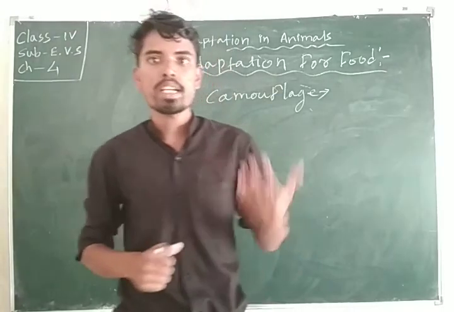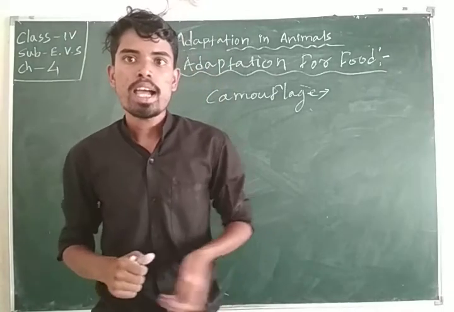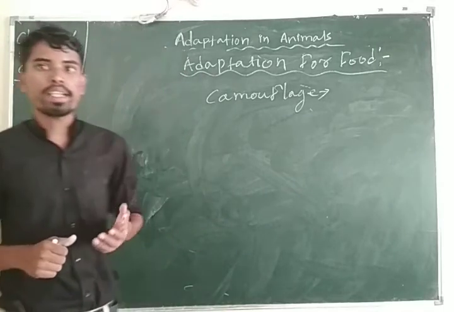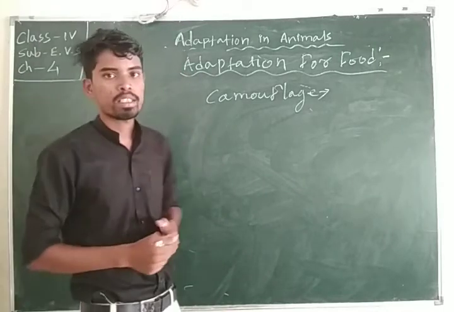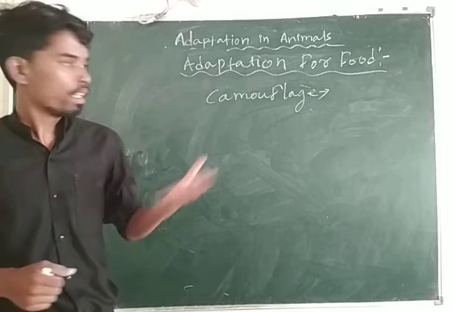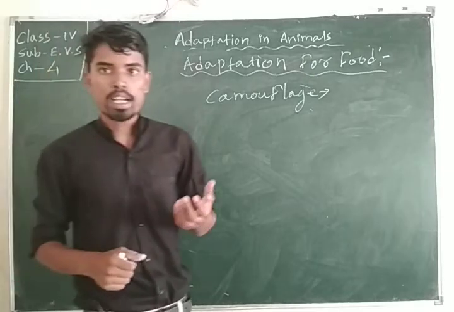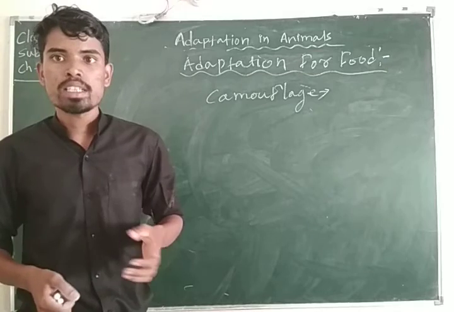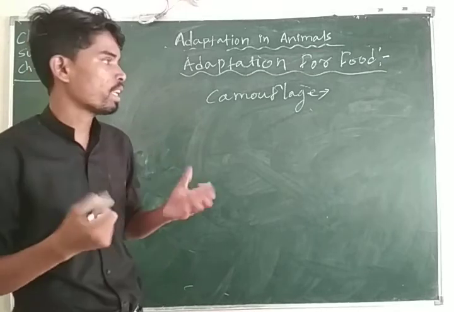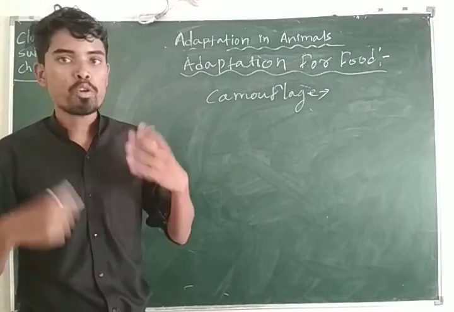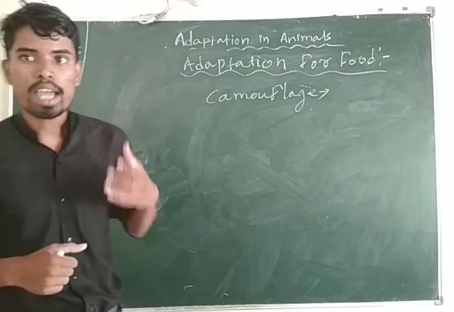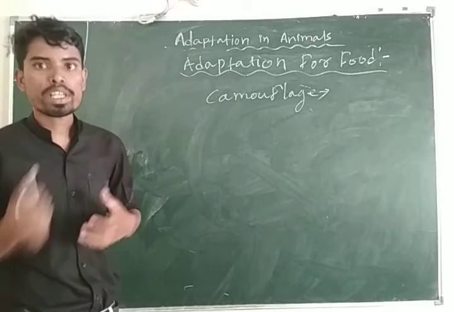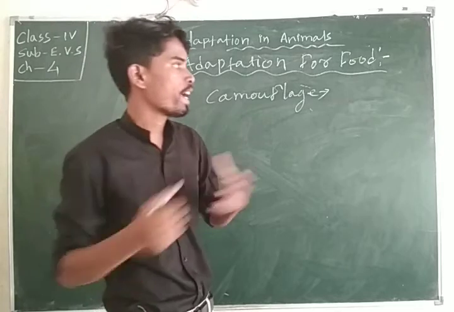For example, deer, ostrich, snake, and emu run very fast. Some other animals like crabs, tortoise, and snail have shells, and porcupines have spines to protect themselves from their enemies.